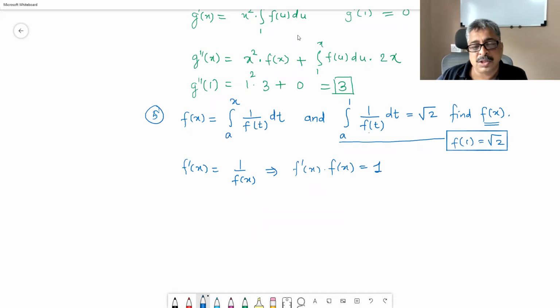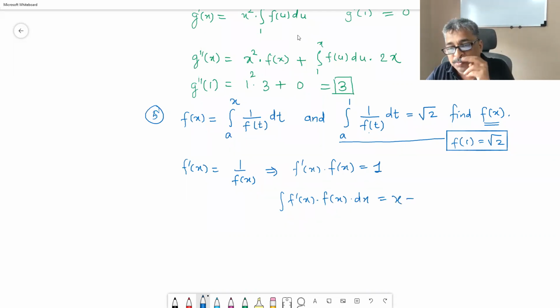So now this is to be integrated with respect to x. The integral of f dash of x times f of x dx is equal to the integral of 1, which is x plus c. This is an easy integral, because f dash of x dx, if we take together, is f of x.